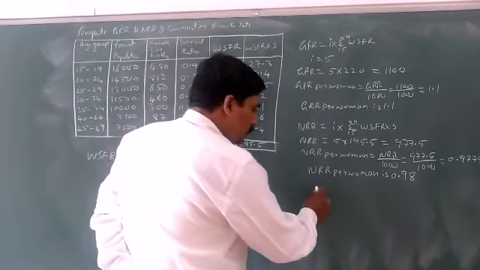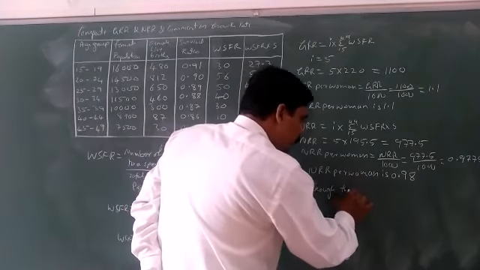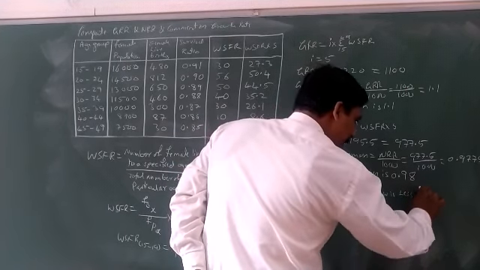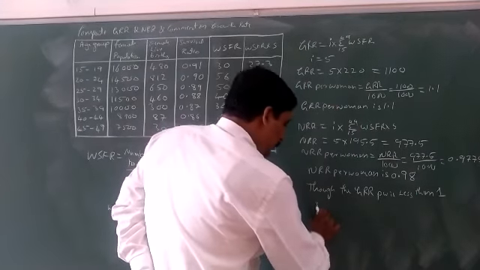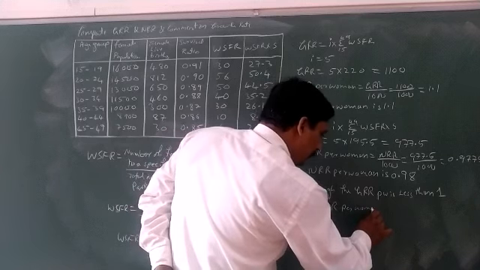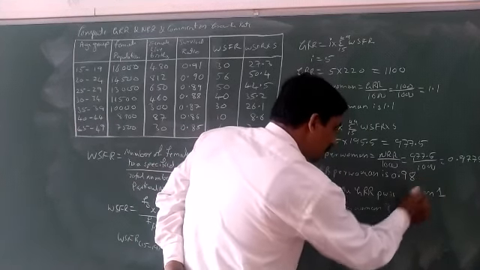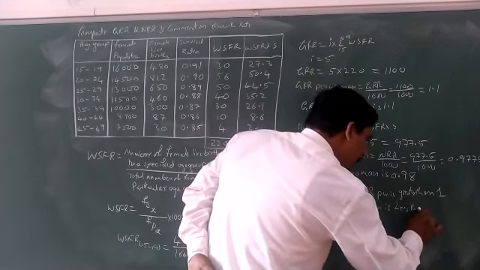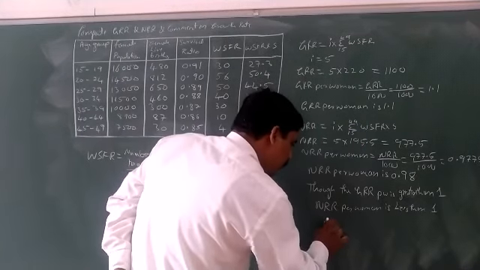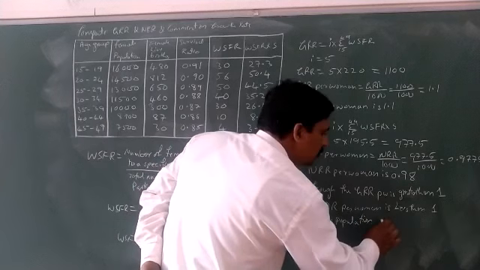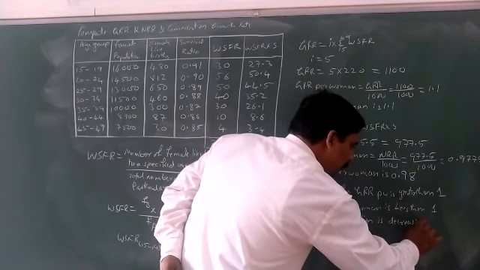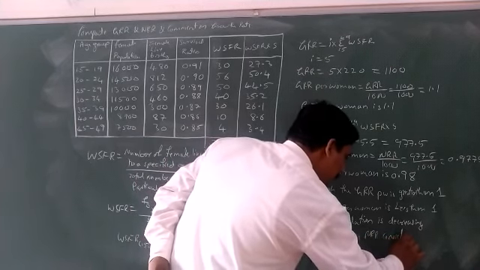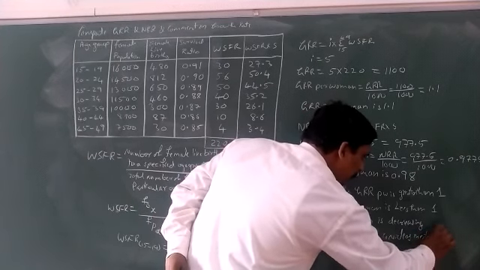So here the comment would be, though the GRR per woman is greater than 1, NRR per woman is less than 1, therefore population is decreasing because NRR considers the mortality ratio.